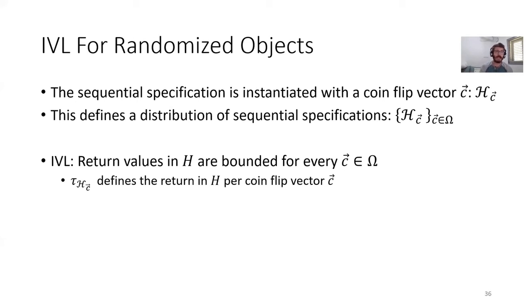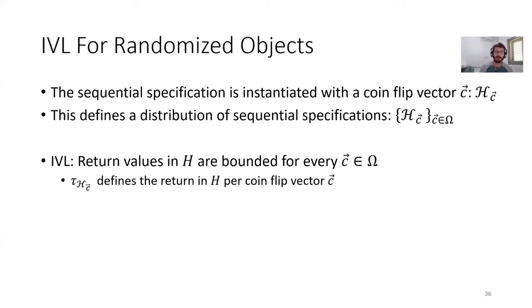Following this, we can now get a distribution over the sequential specifications. We have a distribution over the possible coin flip vectors, and defining each sequential specification using a coin flip vector allows us to define a distribution over sequential specifications. This is essentially a randomized object.